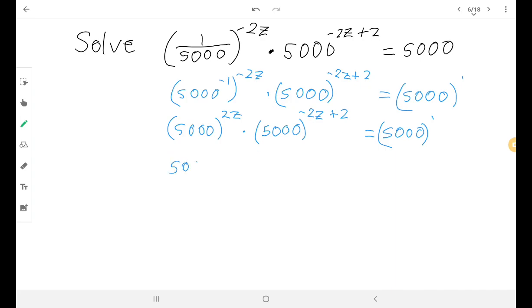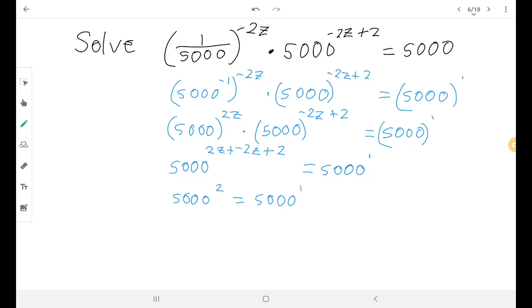So this is 5,000 raised to the 2z plus negative 2z plus 2 equals 5,000 raised to the 1. And that's going to give us 5,000. I don't know why they keep giving you weird problems like this, but that's okay. 2z plus negative 2z is 0. 0 plus 2 is 2.